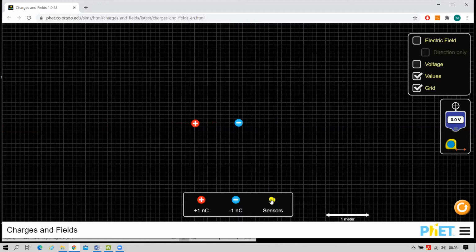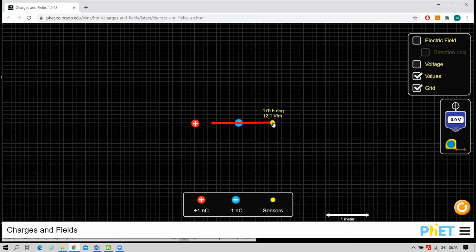And measure the electric field to the left of the dipole on the x-axis, and between the charges. You go over the x-axis and describe it.